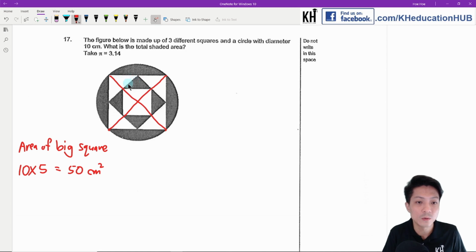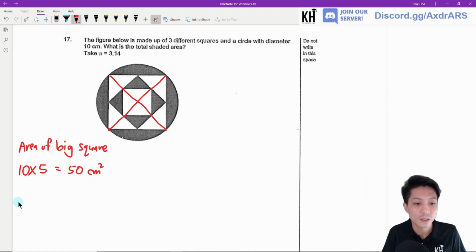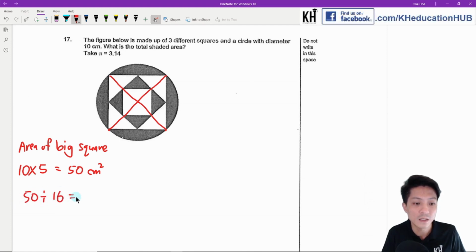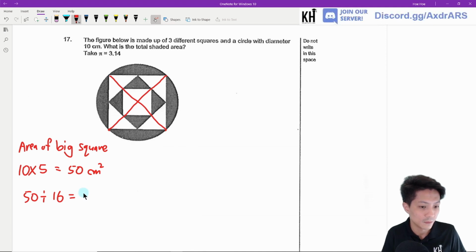Okay, and then it is cut into 1, 2, 3, 4, 1, 2, 3, 4, 1, 2, 3, 4, which is 16 small triangles. So 50 divided by 16 is equal to 31.25.